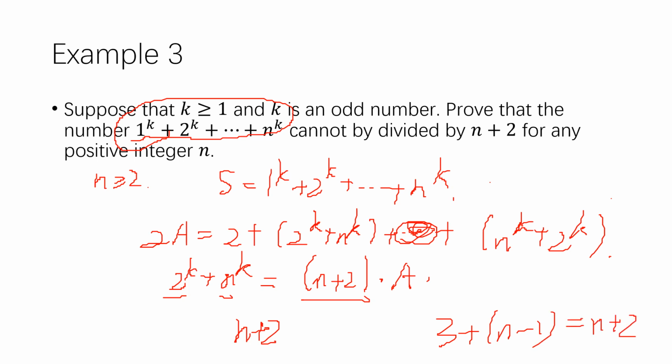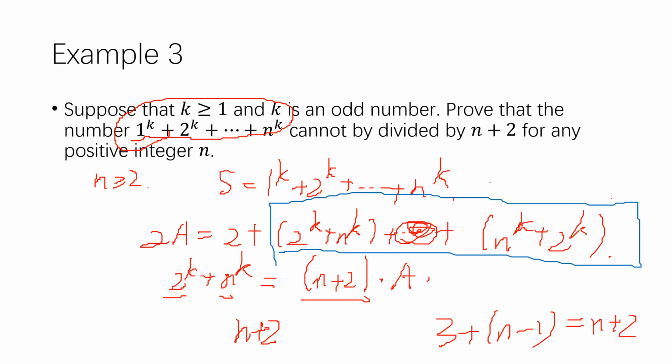So, every one of them, every one of here is divided by n + 2. So, the whole number that I circled in blue can be divided by n + 2. However, the 2 occurs in front of that part. So, apparently then, 2a cannot be divided by 2.